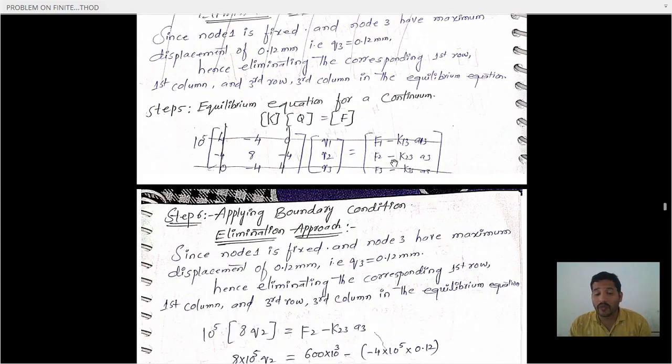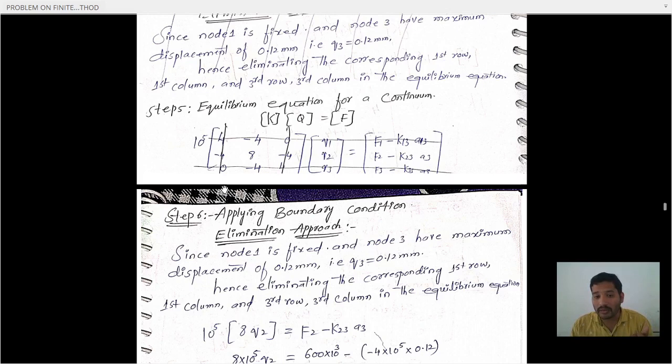Clear? So in this equation, because node 1 is fixed, we need to eliminate the first row and first column. I hope no one has a doubt up to here. And node 3 has the maximum displacement. How much displacement is given here? 0.12 mm.